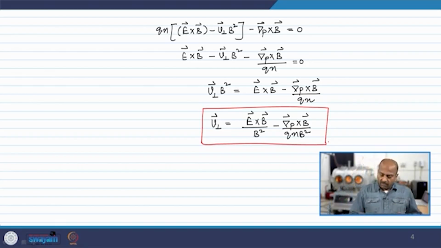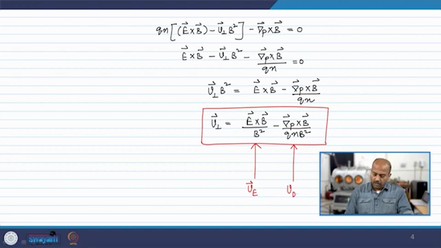Now, looking at this expression, the first term which appears on the right hand side is nothing but v e, which is the E cross B drift velocity, and this other term that appears, let us call it v d.